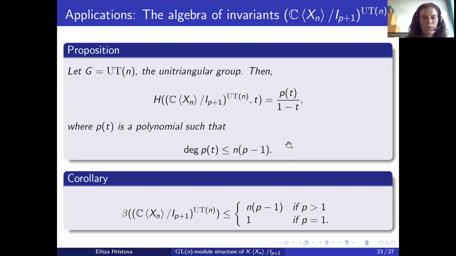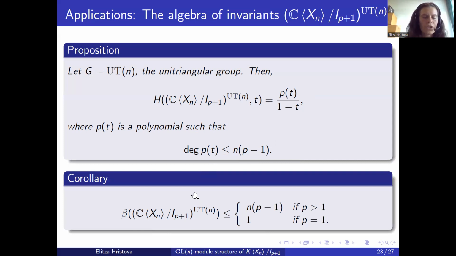As a straightforward corollary, we obtain a bound for the maximal degree of a generator of this algebra of invariants. Okay, and now we can ask the question, to what extent are these bounds exact or optimal?